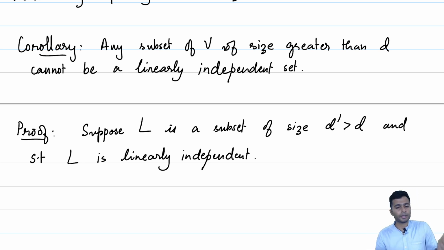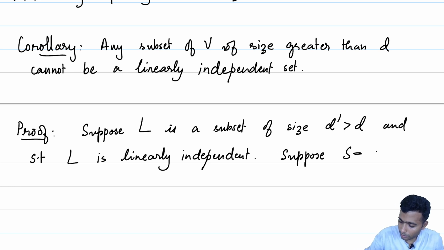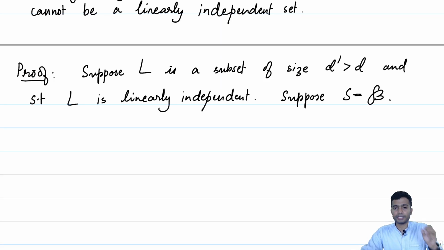Now let us apply replacement theorem with S equal to beta, the basis. We are given that beta is a basis and therefore a spanning set.